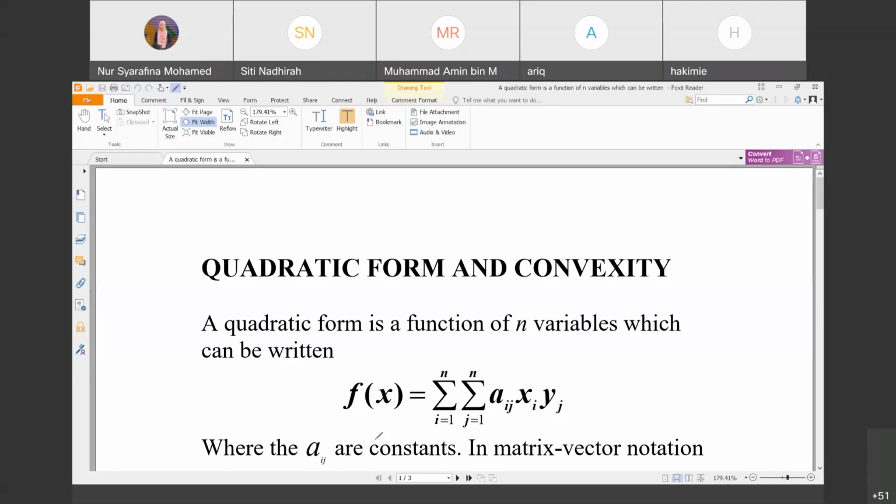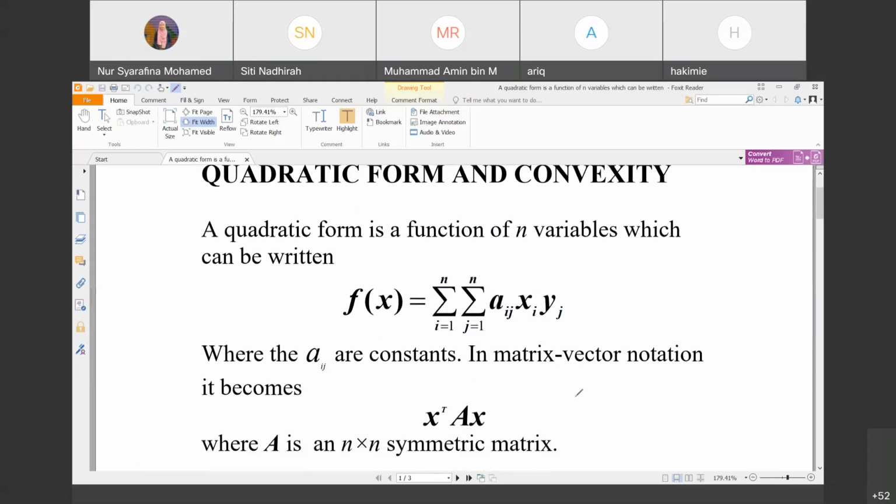A quadratic form is a function of n variables which can be written as the summation over i and j of a_ij x_i x_j, where the a_ij are constants. In matrix vector notation, it becomes x transpose A x.